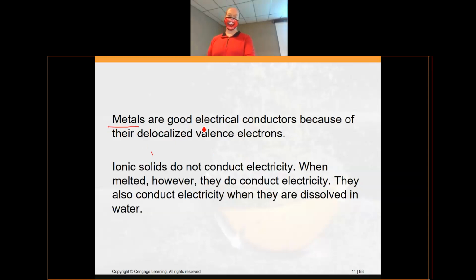Good electrical conductors, because of delocalized valence electrons. There's copper wires in every building. Copper is an excellent conductor of electricity. And ionic solids do not conduct electricity. However, if you dissolve them in water, then they will conduct electricity because they have ions in solution.